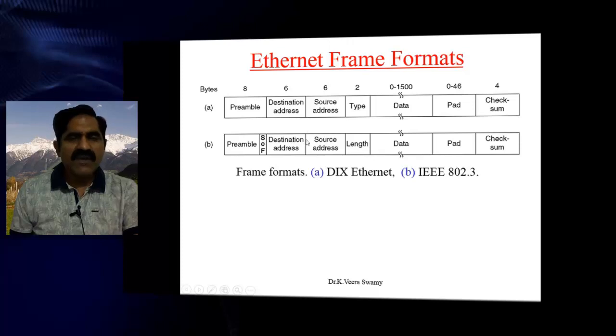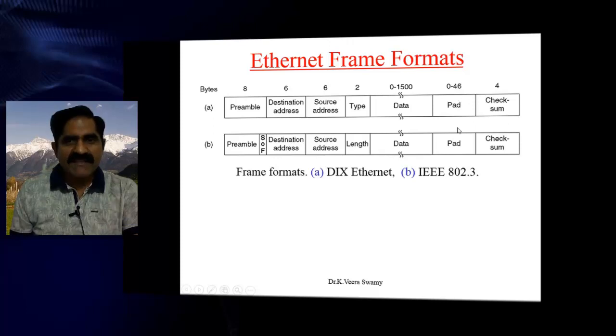But anyway, to transfer information we need two addresses, source address and destination address. That is common in both cases. But in DIX Ethernet, 2 bytes are meant for type, whereas in IEEE 802.3 they are meant for length.